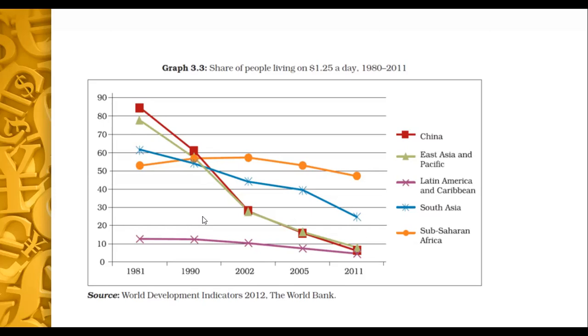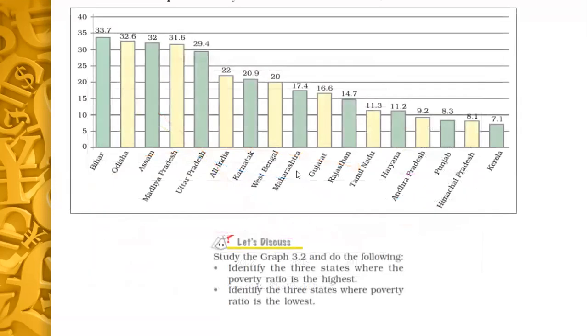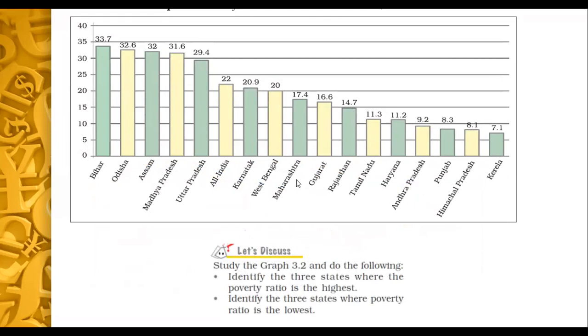Poverty has also resurfaced in some of the former socialist countries like Russia, where officially it was non-existent earlier. That means there were no poor in Russia, but now it has resurfaced. So table 3.2 shows the proportion of people living under poverty in different countries as defined by the International Poverty Line.